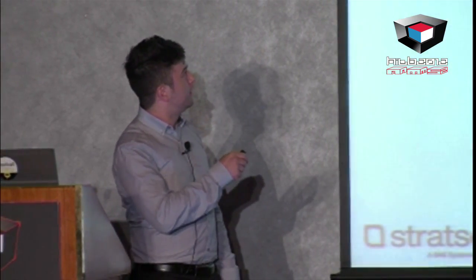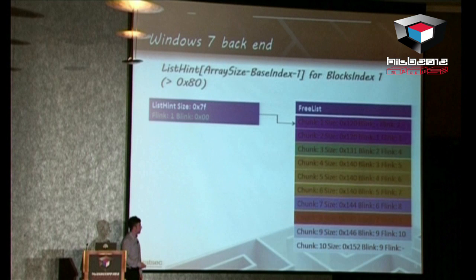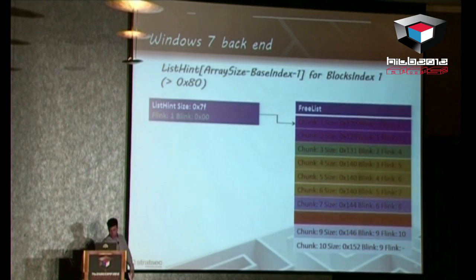There's 1 blocks index by default, and if chunks are bigger than 1024, they'll be stored in here in order of size, and it will point to the first one. And if there's a second blocks index, then the chunks that are bigger than 1024 will be stored in the second blocks index in the list hints, as we saw before.